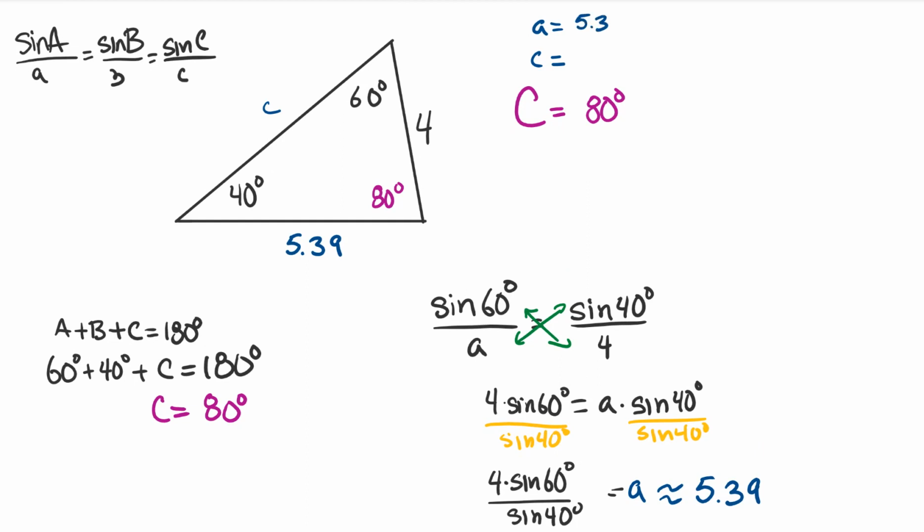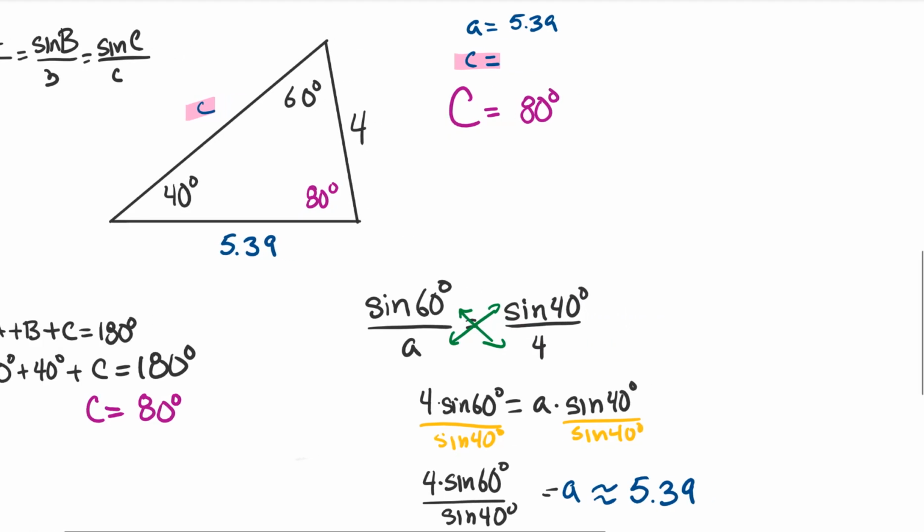We're still charged with having to go find this side C. So we're going to use that same thing. We're going to set it up in the same way we did here with A, except we're not going to use this. We're going to use that given ratio, sine of 40 over 4. I want to use that to set it up for the next one.